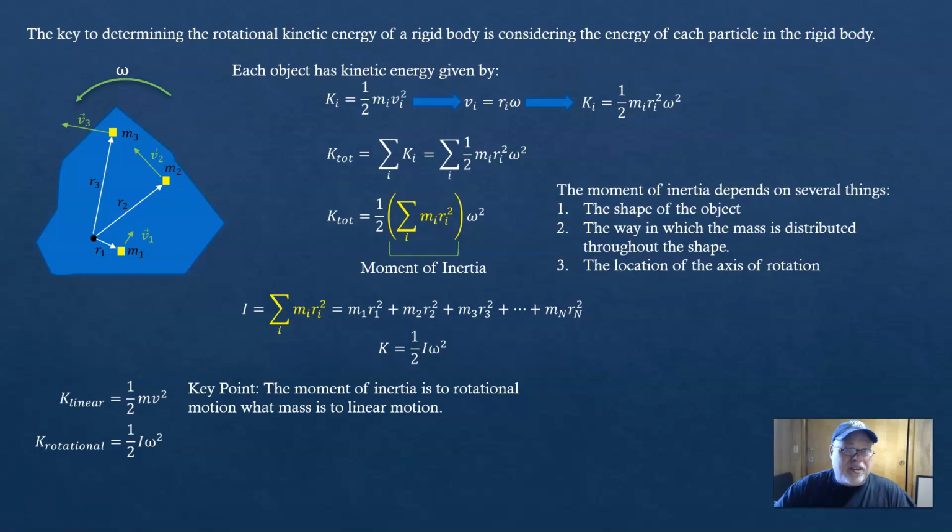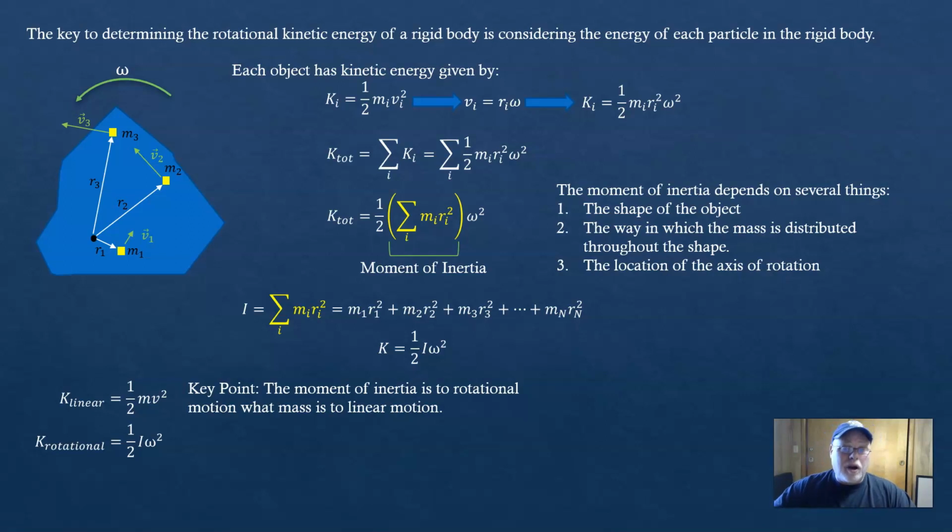We refer to mass as the inertial mass. In other words, the mass of an object is determinative in how an object responds to a force that's trying to change its state of motion. Larger mass objects resist changes in their state of motion better than smaller mass objects do. Well, the moment of inertia plays that role when it comes to rotation.